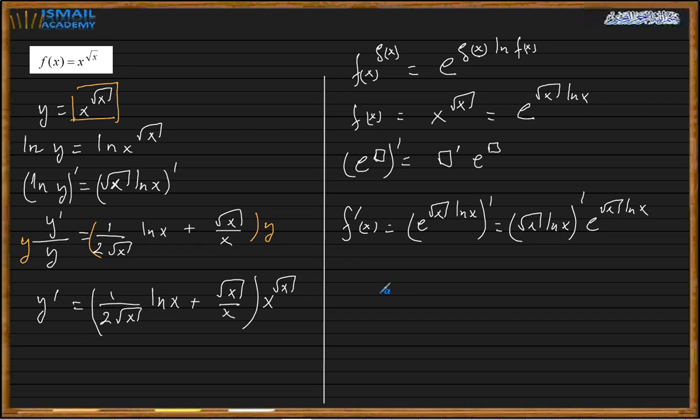So I do the product rule here: the derivative of square root of x is 1 over 2 square root of x, times ln of x, plus square root of x, the derivative of ln is 1 over x, times e to the square root of x ln of x, which means x to the power square root of x. So either you can use that method, which is most used by students, or you can use that shortcut, if you want.